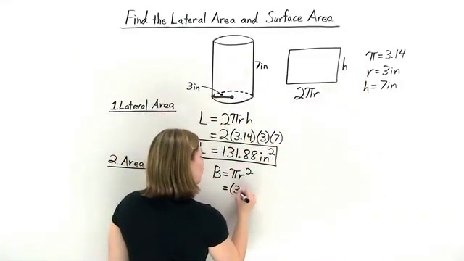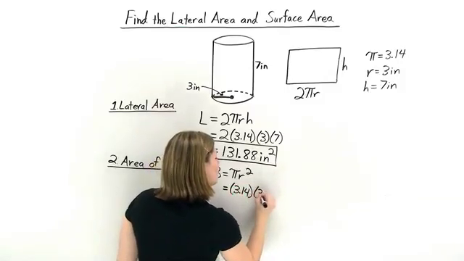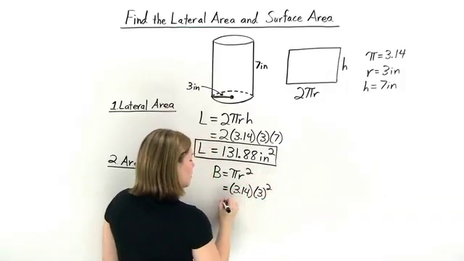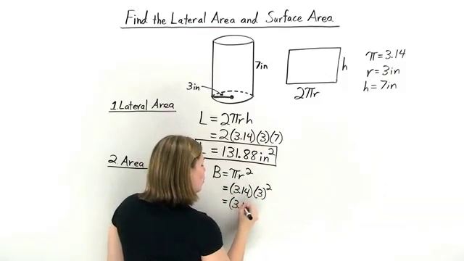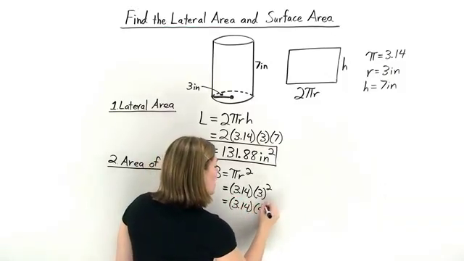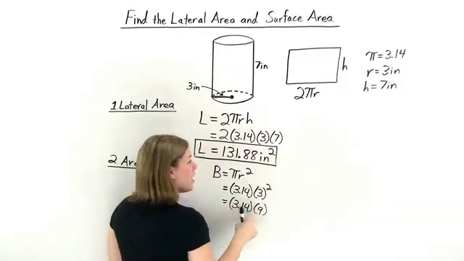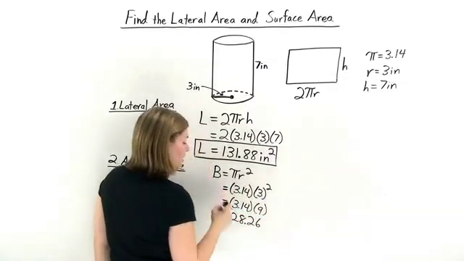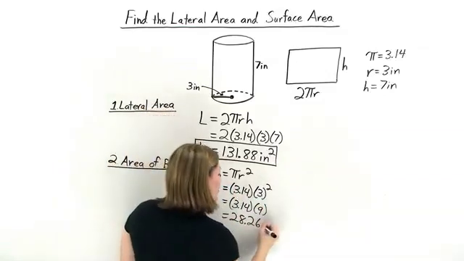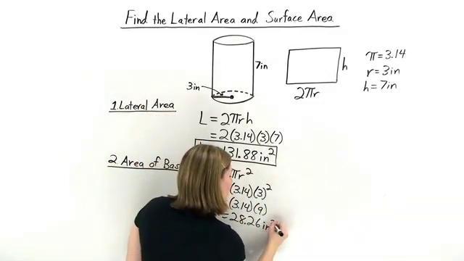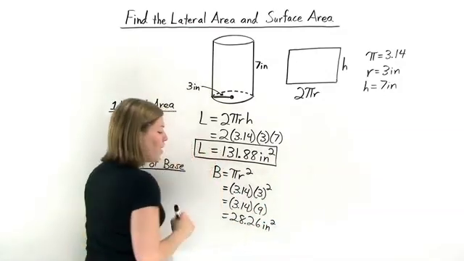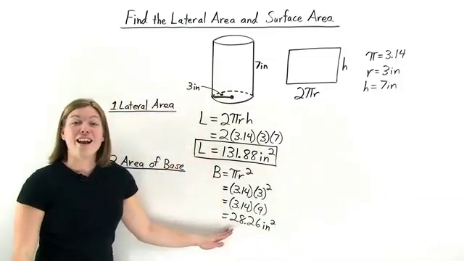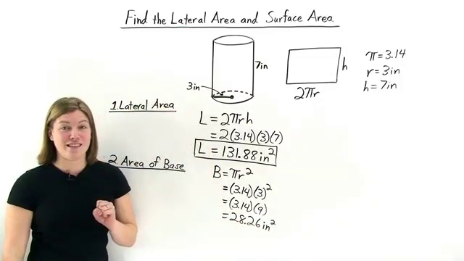When we do, we have 3.14 times 3 squared. So to simplify, we need to take that 3 and square it first. We get 9. Multiplying these values together gives us 28.26. Remember, this is an area, so we need units squared. And because we're measuring in inches, we have inches squared. Now we have the area of one of the bases.